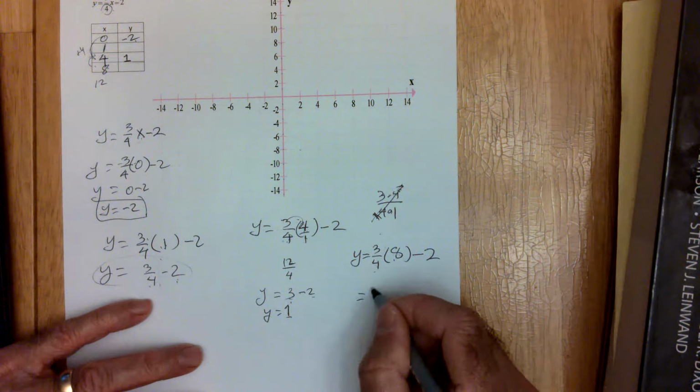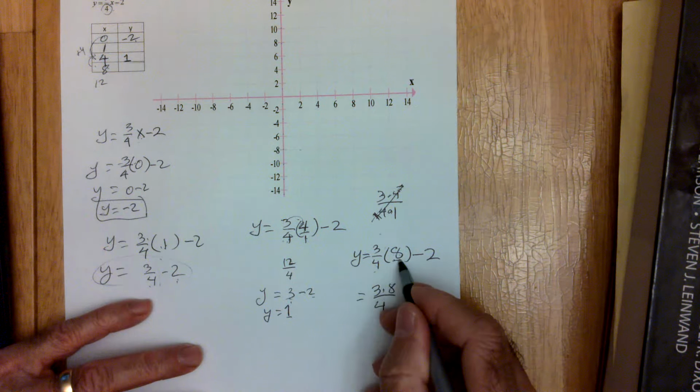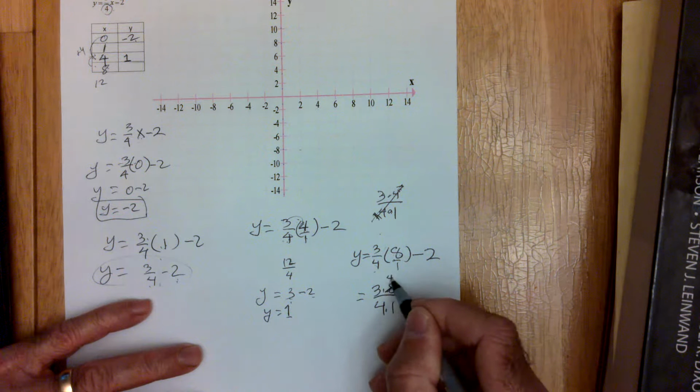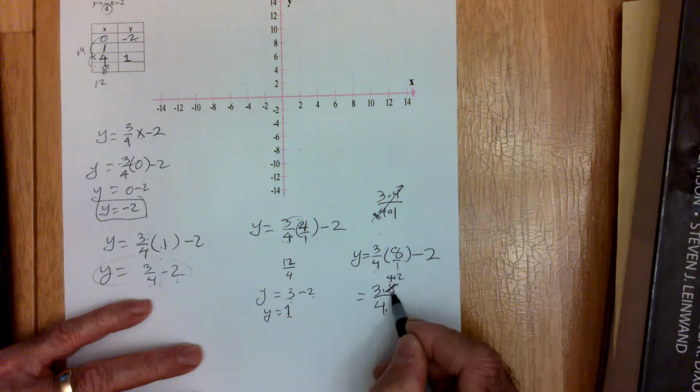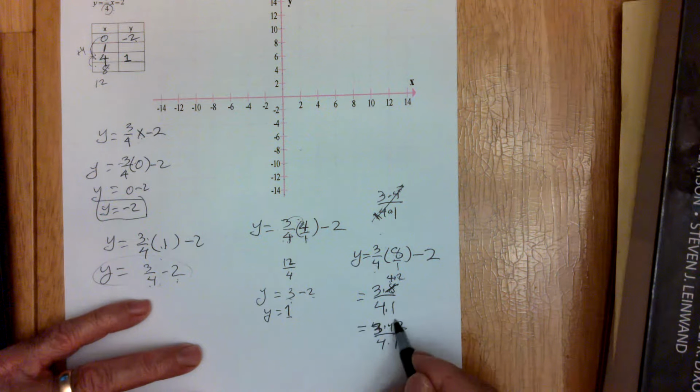So we still have 3 times 8 over 4 times 1, but I want to represent that 8 in another way. 4 times 2 is 8, so instead of 8, I'm actually going to use 4 times 2. Now we have the same thing we had before, and we can cancel these out.